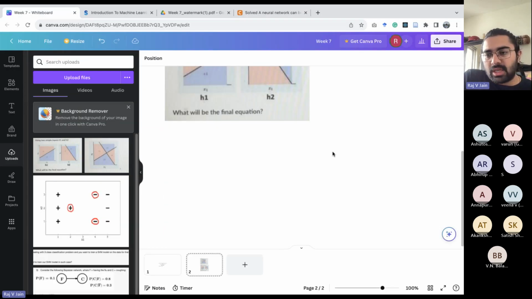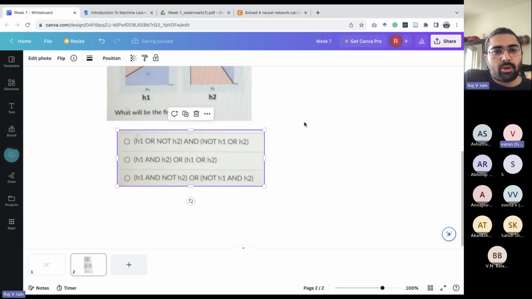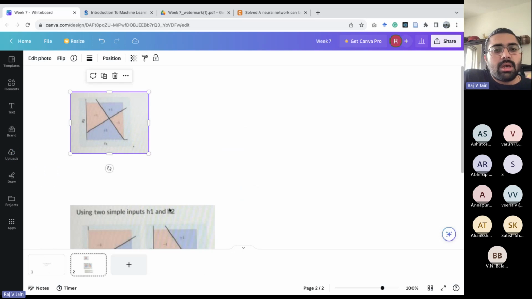From intuition, I think the third one is what seems right, because it seems like an XOR problem. So let's see what comes out.